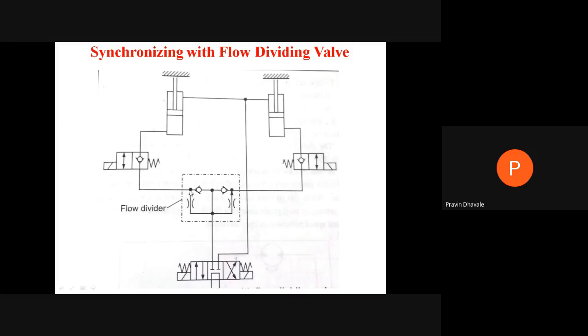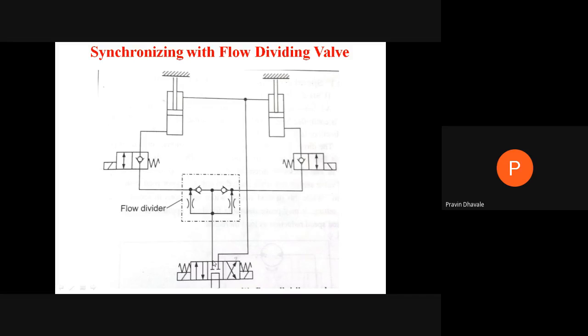So whatever the fluid is coming from this side, it will be passing here, then to the piston end of the cylinder. So this piston will be moving in an upward direction. Same process is applicable for this second cylinder on the right hand side.